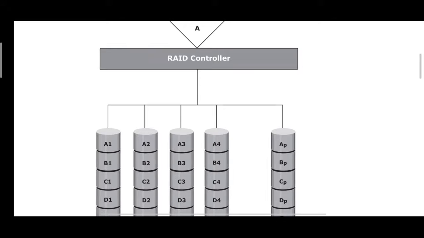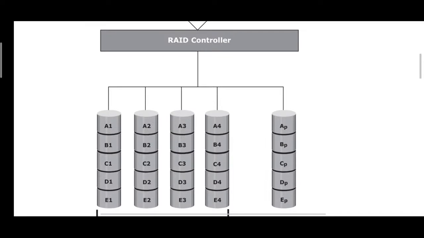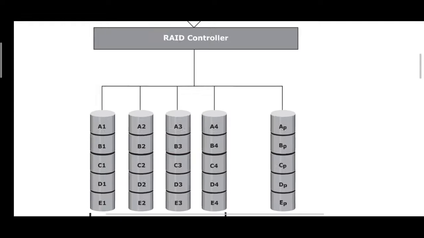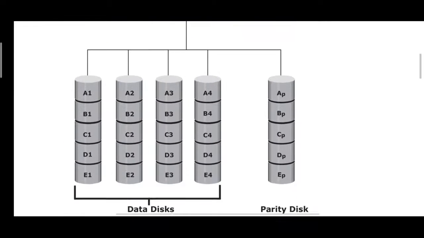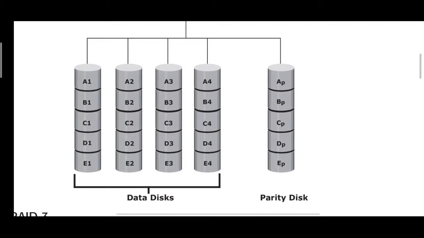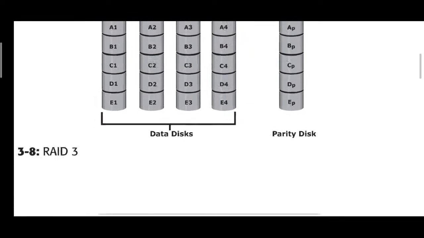They are stored at four different arrays. Similarly for B, C, D as well as E. The fifth array is called the dedicated array where the parity value is stored. AP stands for parity value of data A, BP stands for parity value of data B and so on.